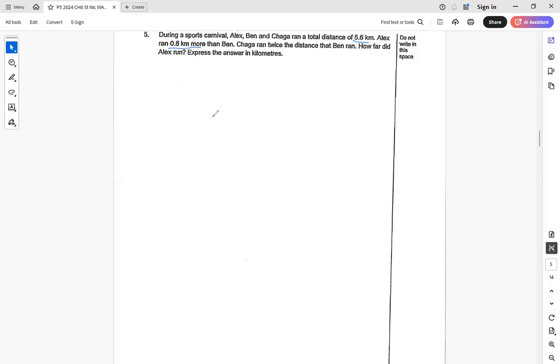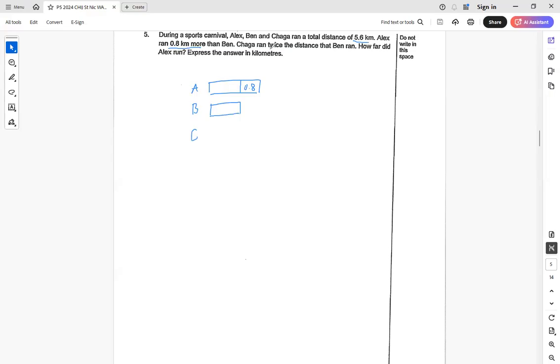So for this, let's draw the model for the 3 of them. Okay, I'll represent it by A, B, and C. Okay, so Alex ran 0.8 km more than Ben. So for Alex, I will draw longer than Ben. Okay, and this is the 0.8.